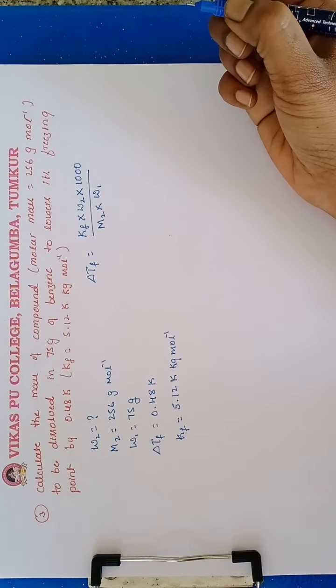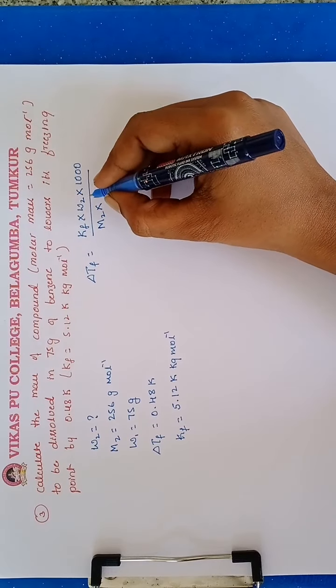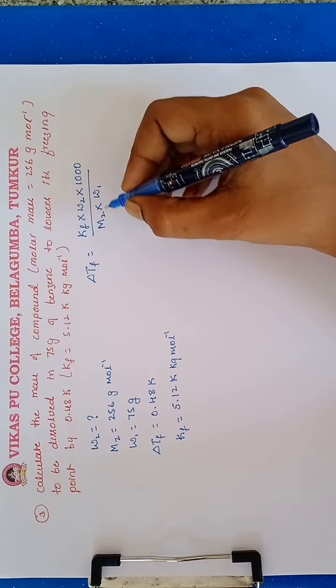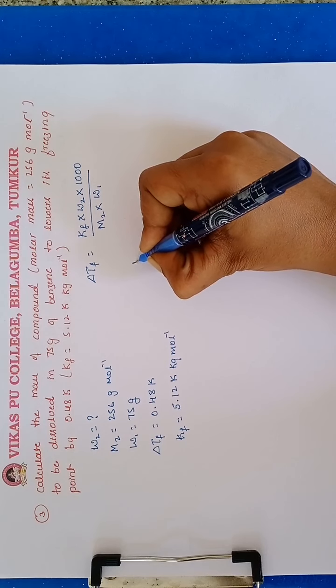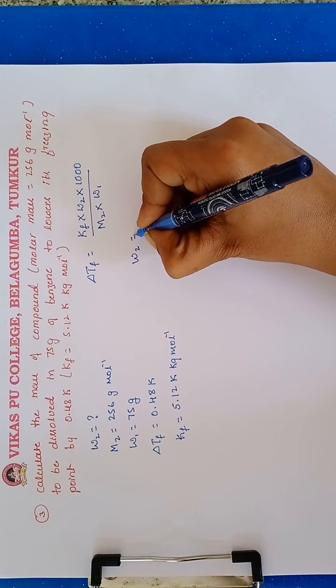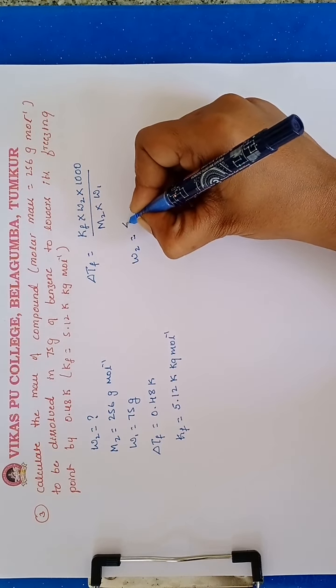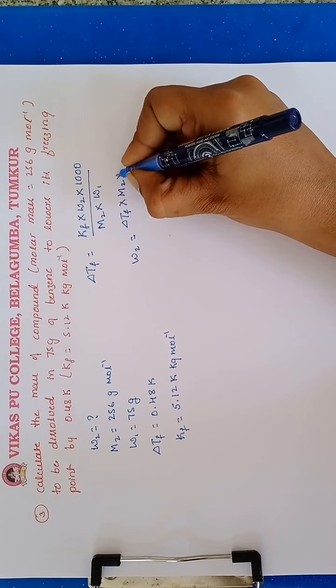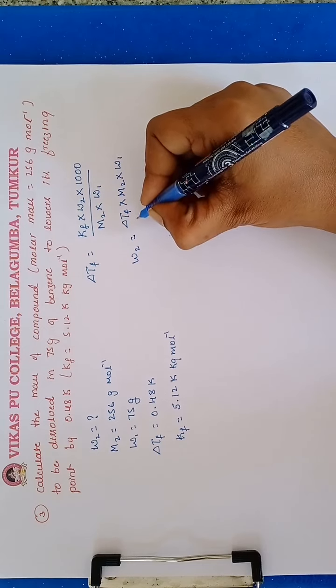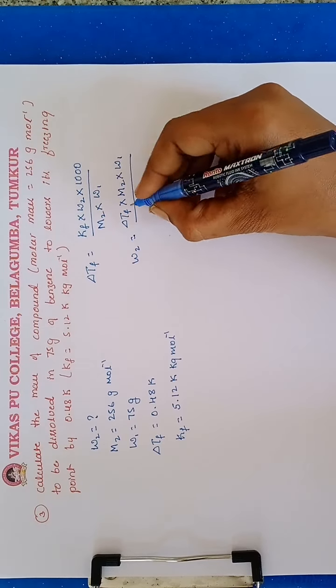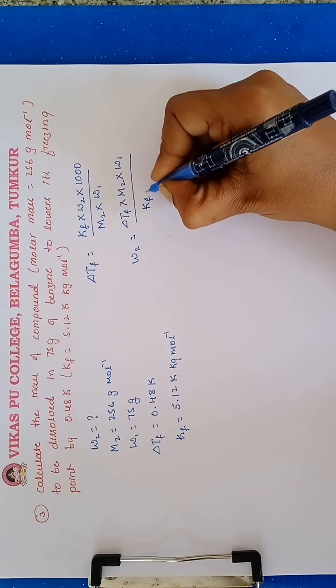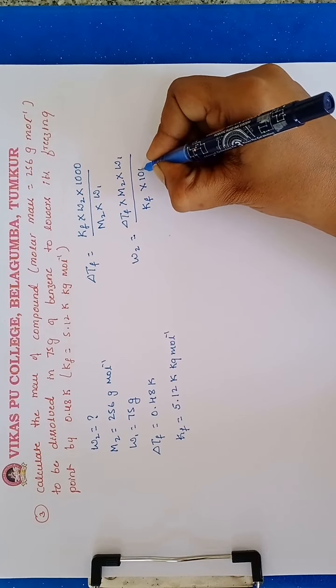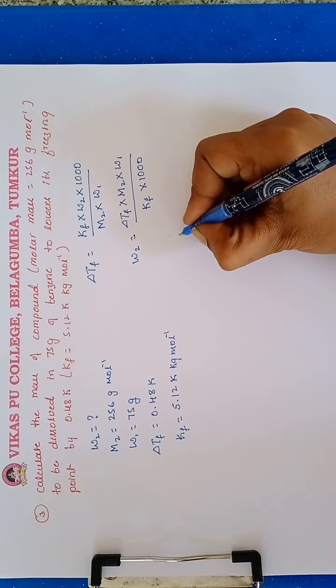This we have to rearrange because we need to calculate W2. W2 is equal to delta Tf into M2 into W1 divided by Kf into 1000.